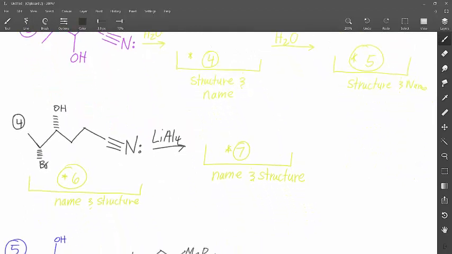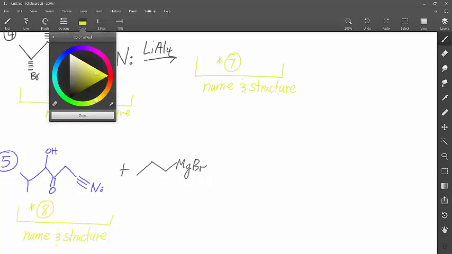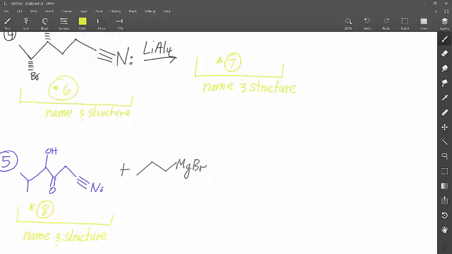So here we're going to have name and structure.